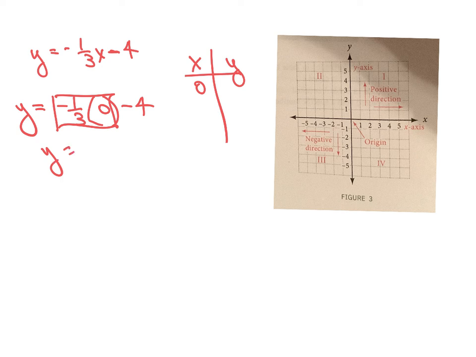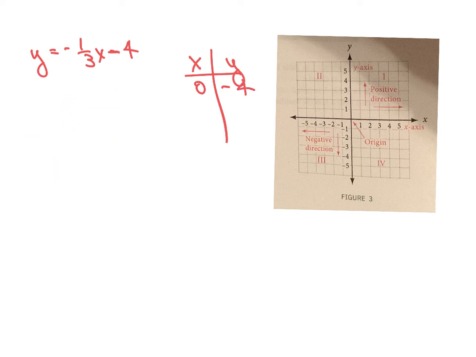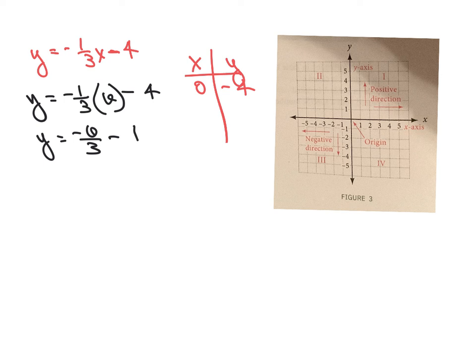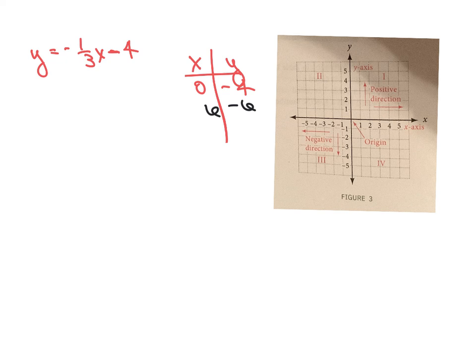So y equals 0 minus 4, or negative 4. Okay. Let's try 6, because 6 is a multiple of 3. And finally, let's try -6.